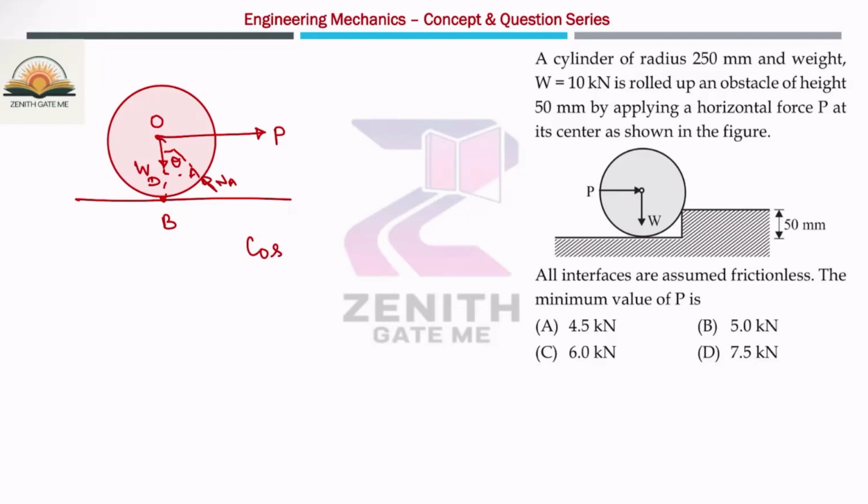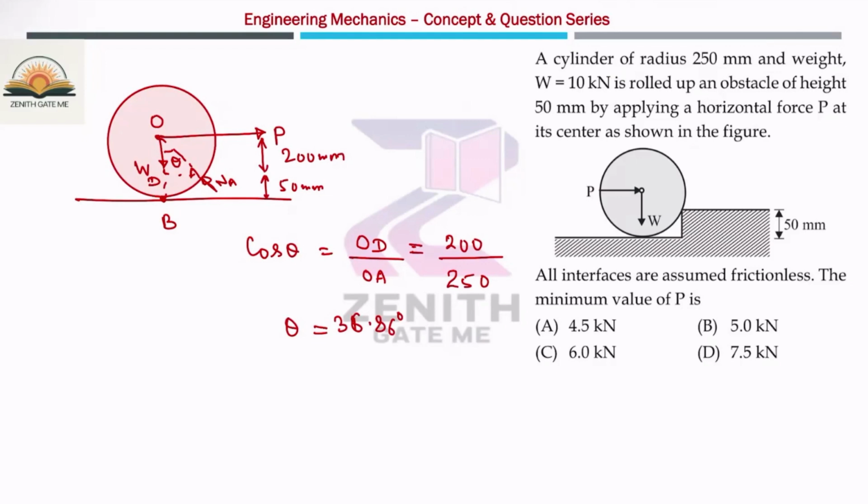Cos theta is base by hypotenuse, that means OD by OA. OA is the radius of this cylinder, that is 250, and the distance is given as 50 mm, so OD is 200. From here you will get theta as 36.86 degree.